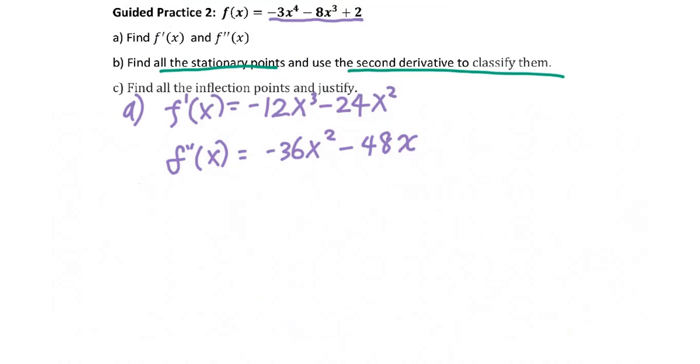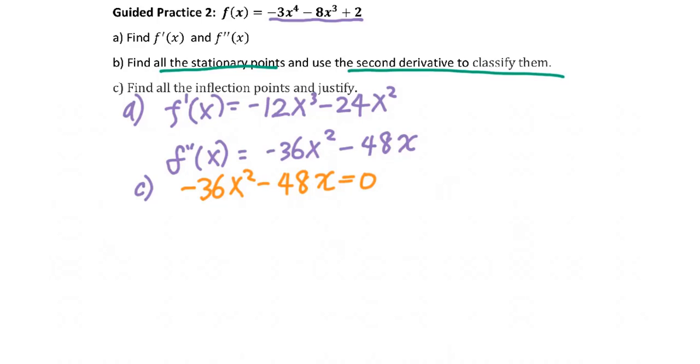Let's go to C. Find all the inflection points and justify. The points of inflection you will get by making the second derivative equal to 0. So we will set up negative 36x squared minus 48x equals 0.